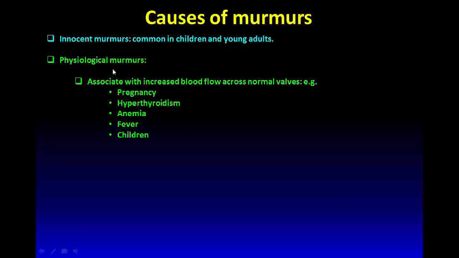The physiological murmurs are heard when there is increased blood flow across normal valves, as in cases of pregnancy, hyperthyroidism, anemia, fever, and also in children. In cases of hyperthyroidism, anemia and fever, there is a hyperdynamic circulatory state, so there is an increase in the intracardiac hyperdynamics.